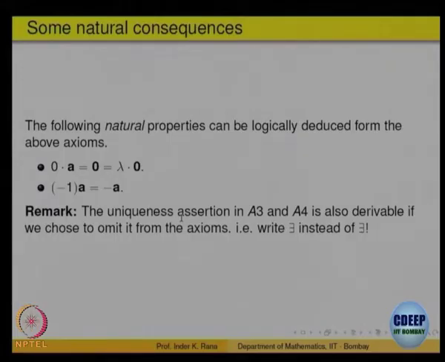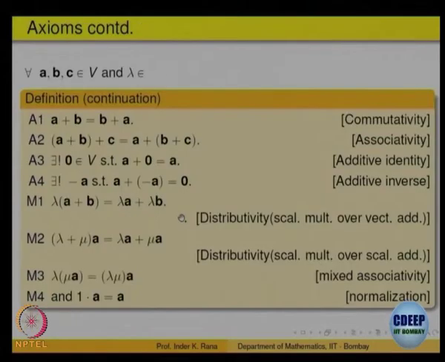We will not prove that, we will just assume because we do not have that much time, but it is a nice thing to deduce these properties from the basic axioms of addition and distributive properties.